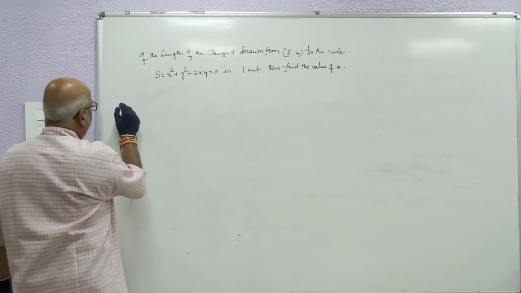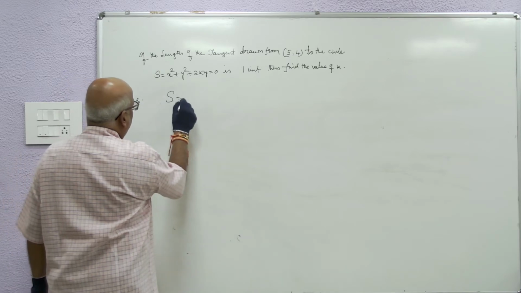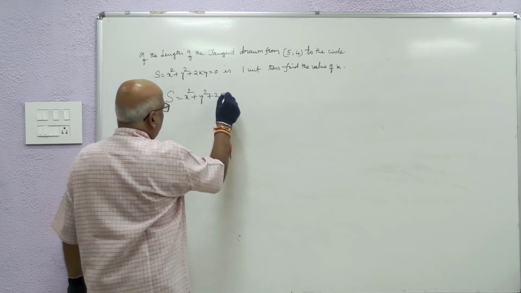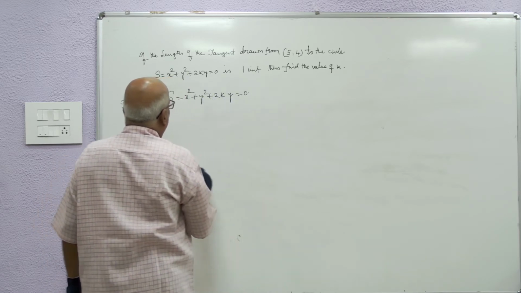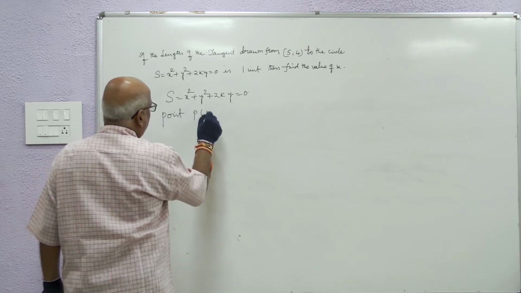In this present problem, he gave one circle equation, that is x square plus y square plus 2ky equal to 0. Point P is 5 comma 4.